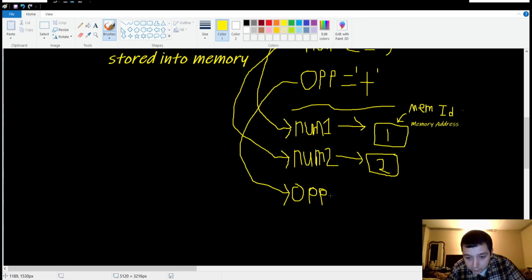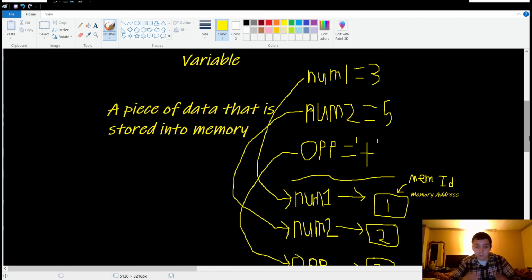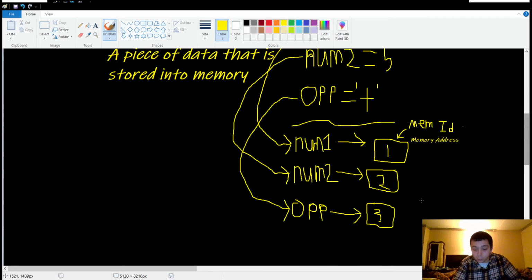And it lives at 3. There's a place available at 3. So let's, and I know I'm butchering the boxes, it's just what it is. So then when the computer is running its calculation, the user types in the first variable, the second variable, and the op, num1, num2, and then the op.